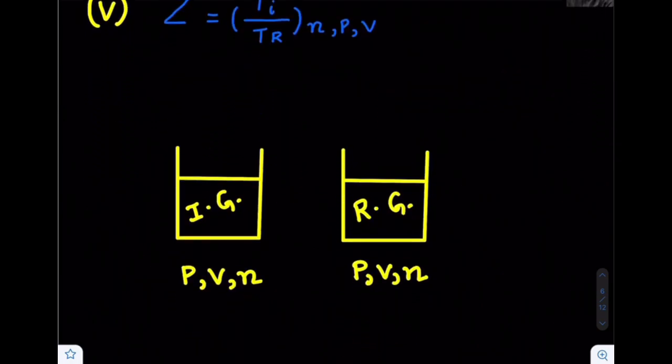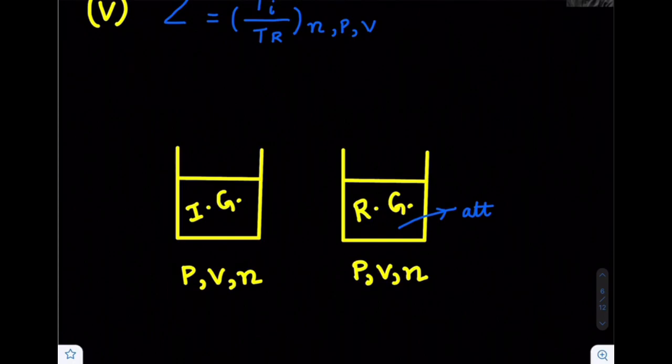Now the first case, when we are saying that there is force of attraction between the real gas molecules. If force of attraction is there, when the molecules are going to collide with the wall of container, their momentum is going to decrease due to force of attraction. We want to increase their momentum. So in order to increase the momentum, we should increase the temperature of the real gas, because on increasing temperature, average kinetic energy is going to increase, linear momentum is going to increase.